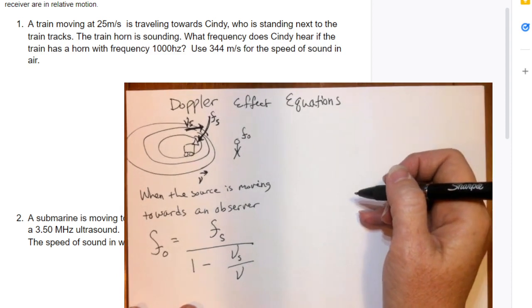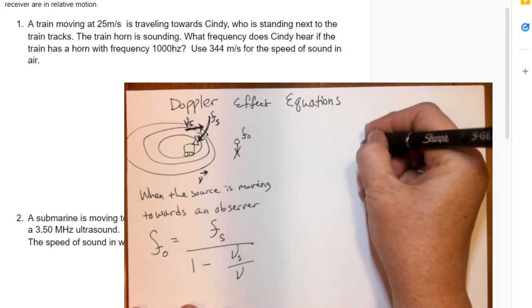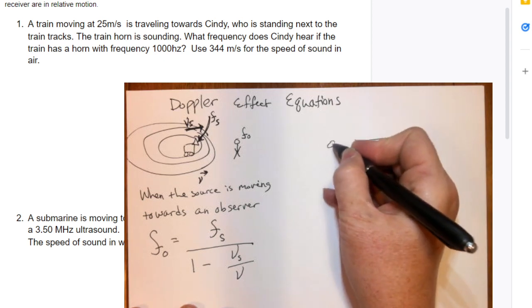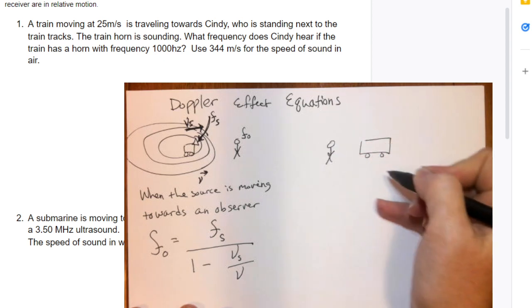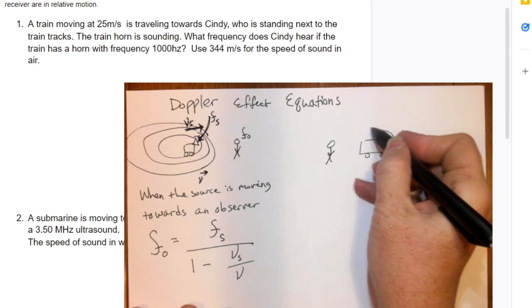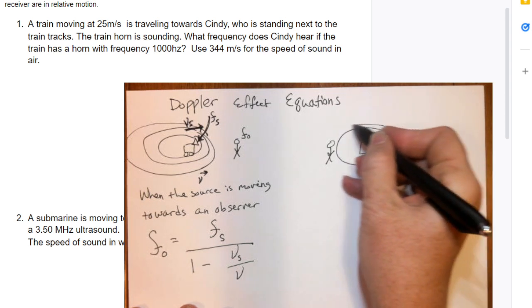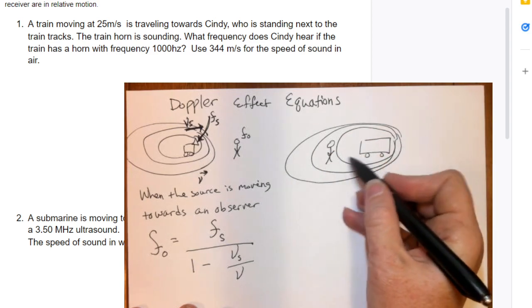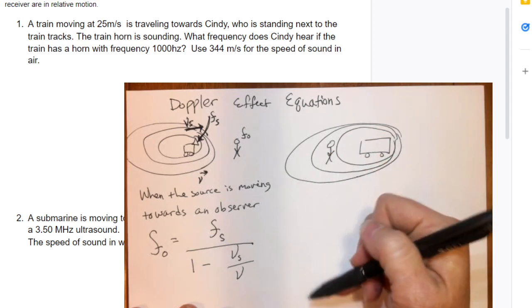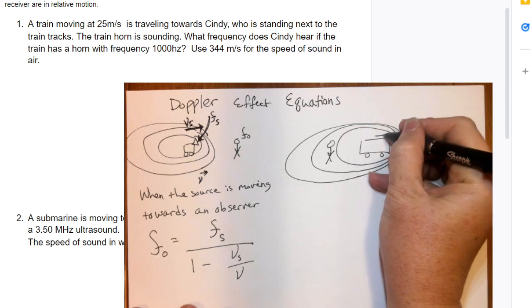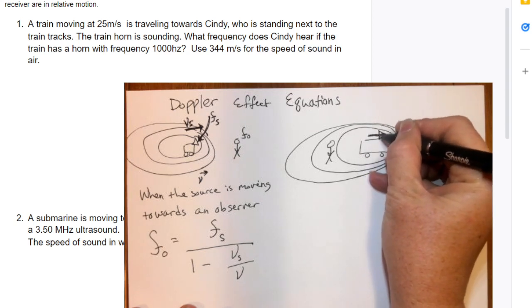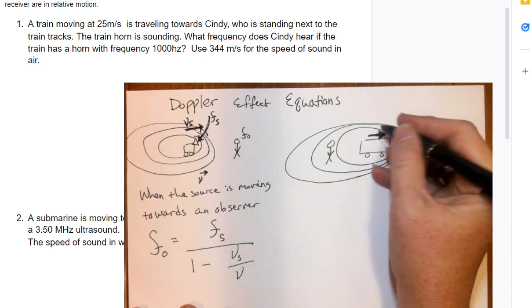The second equation you learned in your CK12 online textbook homework was the equation for a sound source moving away from the observer. And in that case, the sound waves are stretched out and they're longer. So this ambulance is still moving to the right, but the observer is behind them.